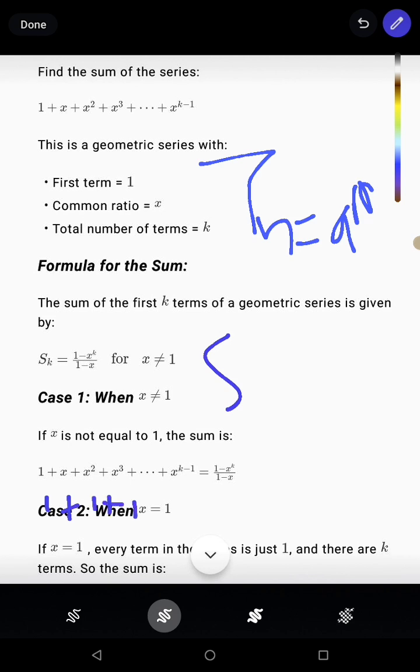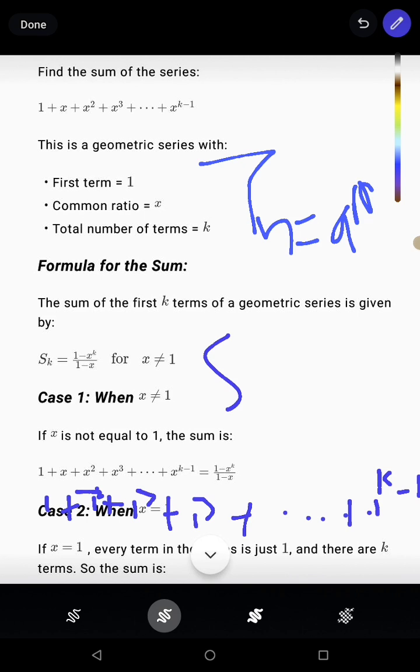This is going to be 1 squared, which is 1, 1 cubed, which is still 1, plus 1 down to plus 1 raised to power k minus 1. Now, how many 1s will we have? We have 1 in k times.